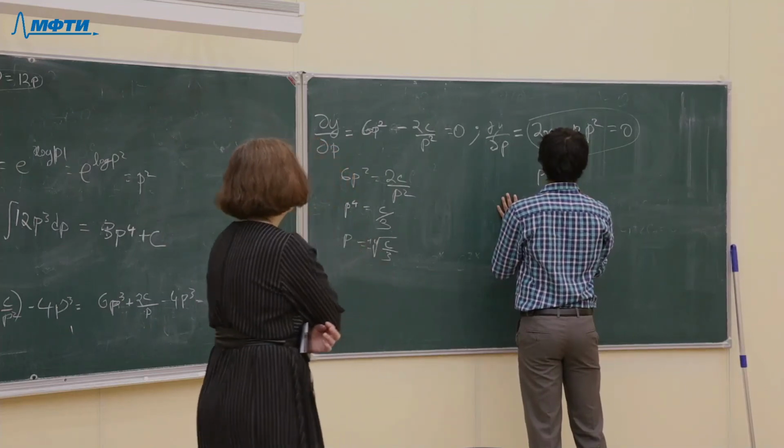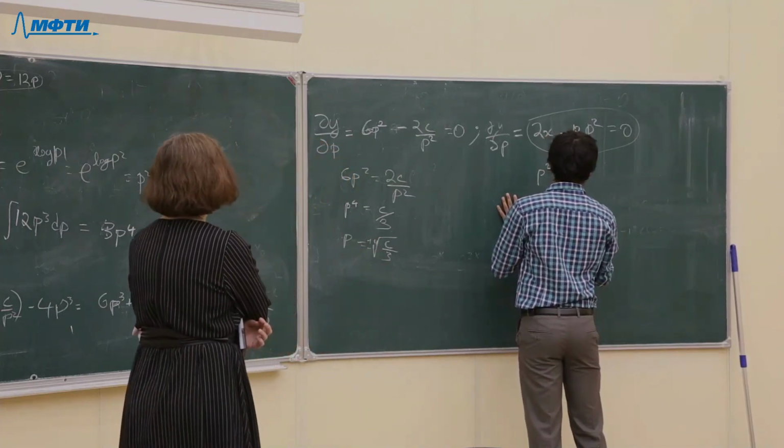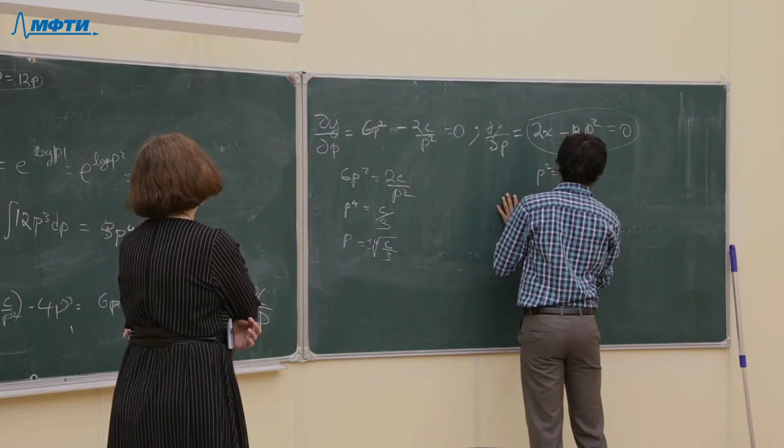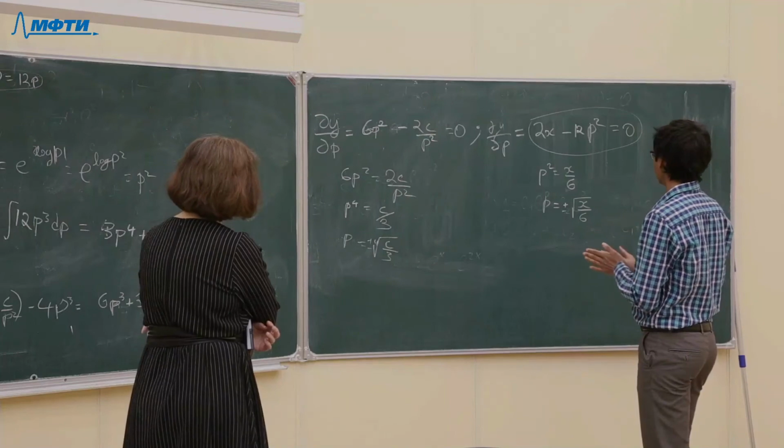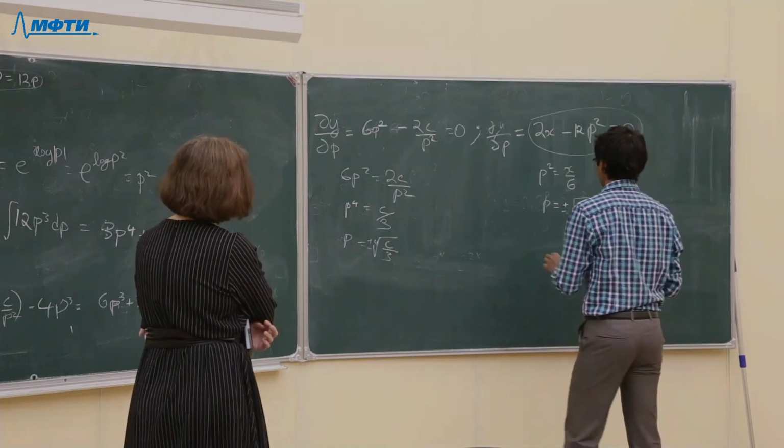x over 6, plus or minus, right? And p is y prime, right? So we can solve.